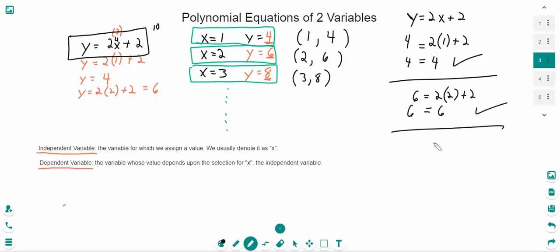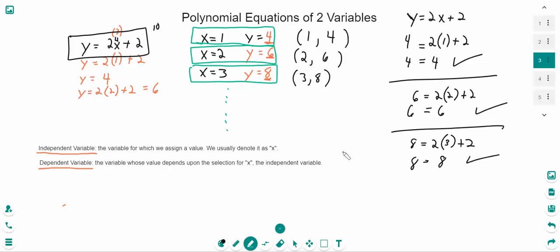And I could even do this for the third one. y is going to be equal to 8, equals 2 times the x, which is the 3, plus 2, and we end up with 8 is equal to 6 plus 2 is 8. Again, it checks out. So that's just proving that these indeed are solutions. And remember how I got these? I selected an x, plugged it in, and found out what the y was in correspondence to that.